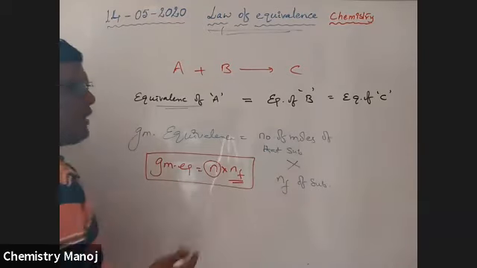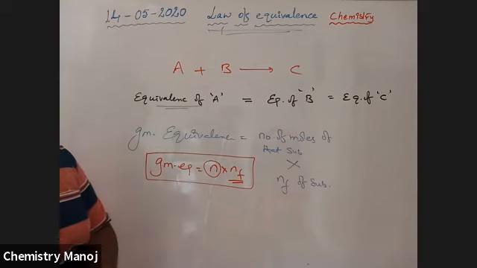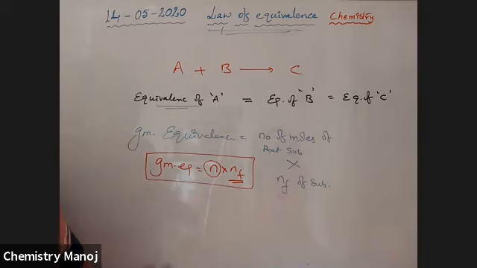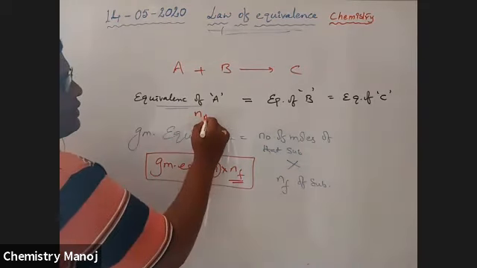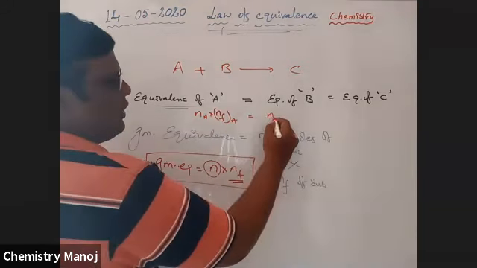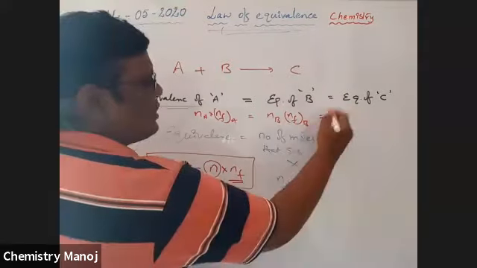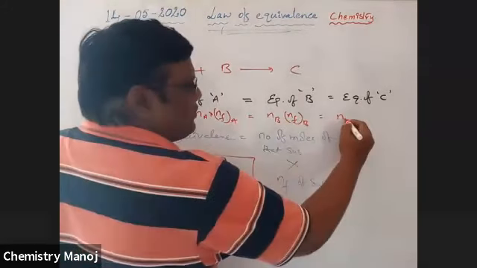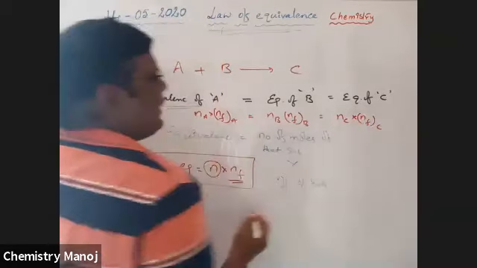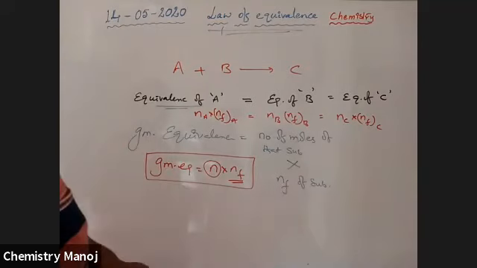N factor, already yesterday I completed how to find the n factor of a particular substance. So n into n factor is the gram equivalence. Therefore, the number of moles of A into n factor of A is equal to number of moles of B into n factor of B, which is equal to number of moles of C into n factor of C. This is the equation. Finally, that is the final conclusion.